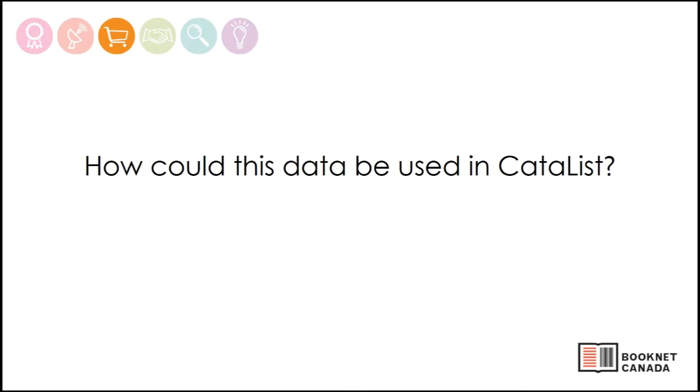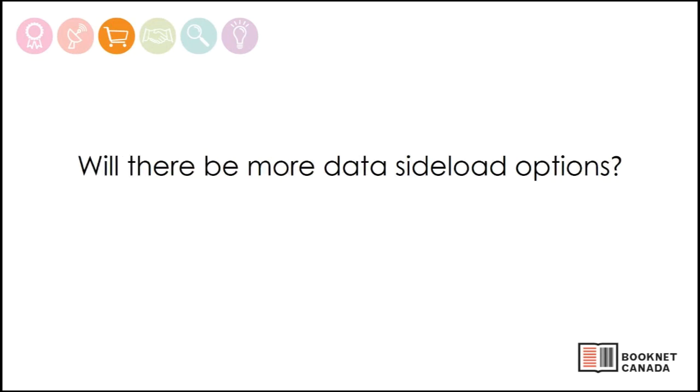We are definitely going to be using this data in CataList. I would expect to see some interesting uses for it. And the question is, will there be more sideload data options? The first thing to do is to get started with just finding out what you have available, thinking about how you're going to store that data so that it can be assigned to individual contributors, so that multiple places can be linked to a single contributor.